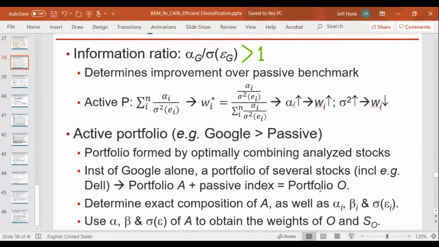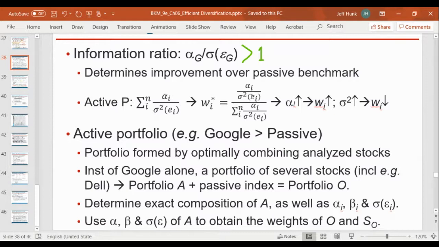So now we need to prove that our Sharpe ratio has improved by adding active portfolio to our passive portfolio. So basically, the weight of our actively analyzed stock, right?